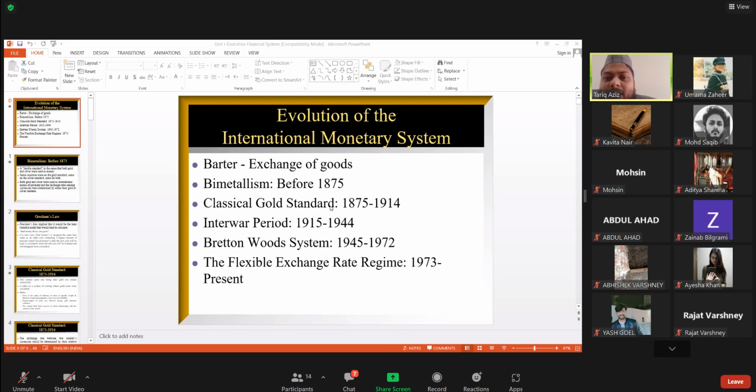And the major reason was that every country was not following any rule. Under the classical gold standard, the rules were being followed by different countries. But in the interwar period, 1915 to 1944, there was no rule for money printing and currency.